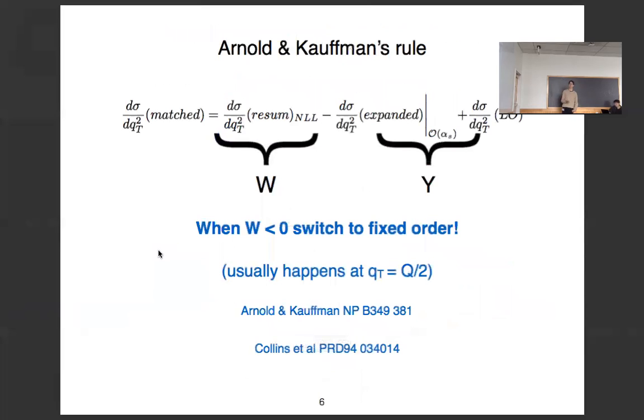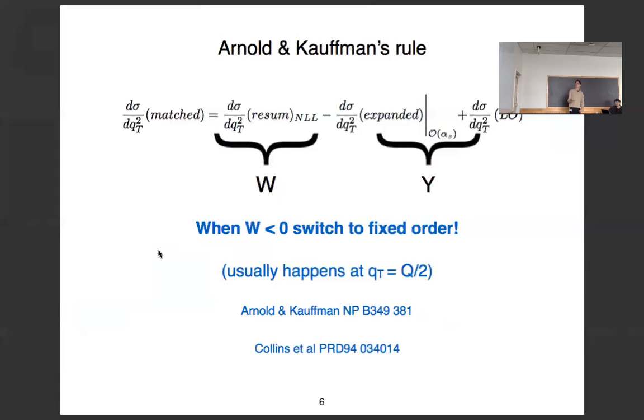The rule often adopted is that when your asymptotic term gets negative, the error you make doing W+Y is bigger than the error you would make using only the fixed order, because the cancellation is no longer accurate.